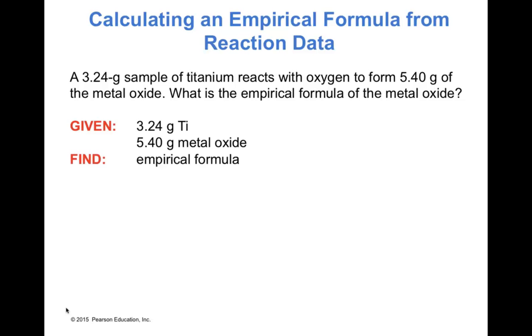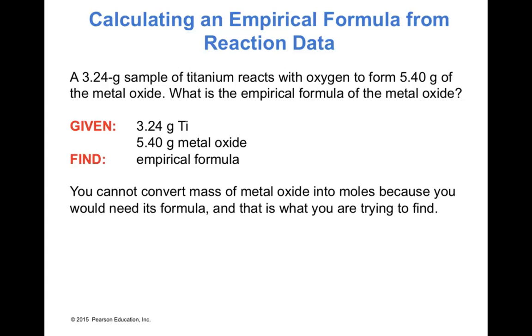What we have initially is the mass of the titanium sample and the mass of the metal oxide. You cannot convert the mass of the metal oxide into moles because you don't know the chemical formula for this metal oxide yet. And that's what you eventually need to find out.